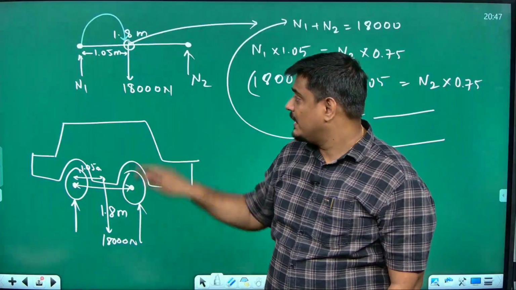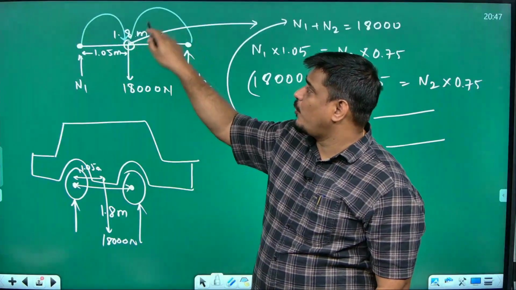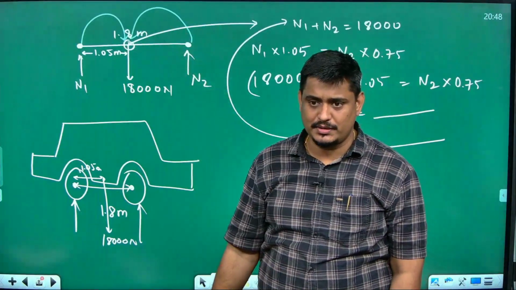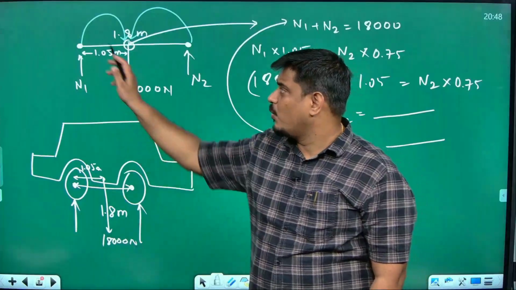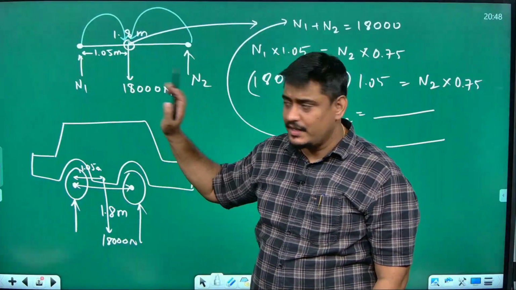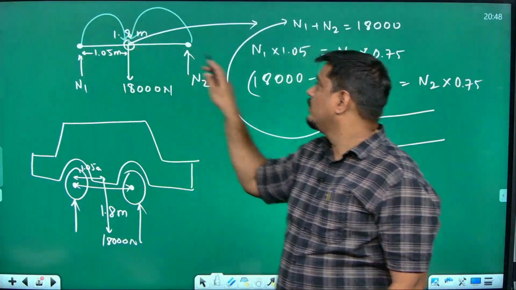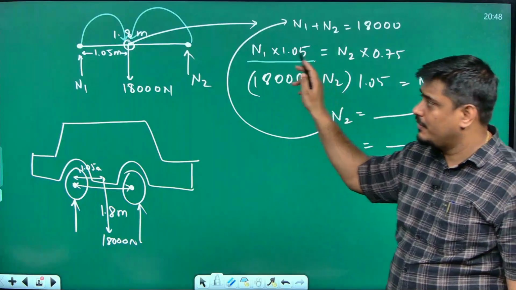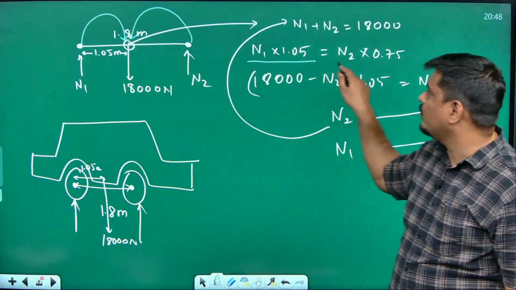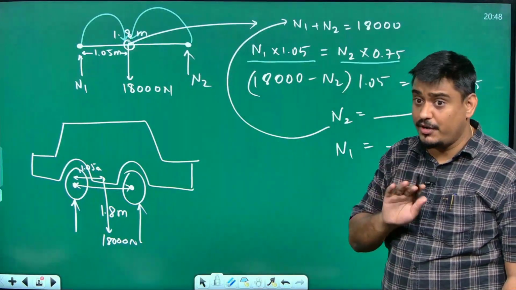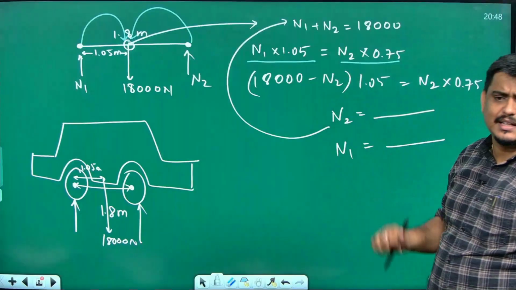Clockwise moment. N2 into 0.75 will give me anti-clockwise moment. How did 0.75 come? 1.8 minus 1.05, right? So N1 into 1.05 must be equal to N2 into 0.75 if the body wants to be in equilibrium. Then I solve, I'll get the answer.